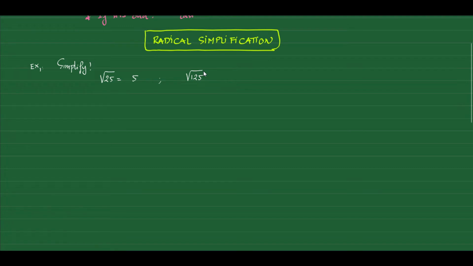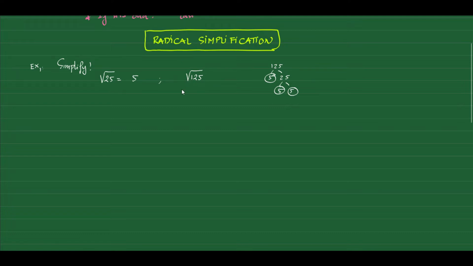If you do a prime factor tree, you will see that we have 3 prime factors here, because 125 splits into 5 and 25, and 25 splits again into 5 and 5. So we have three 5s, and 5 is a prime number.